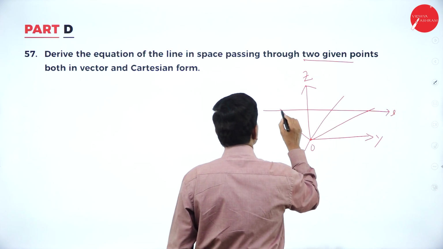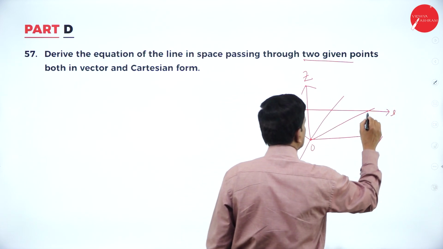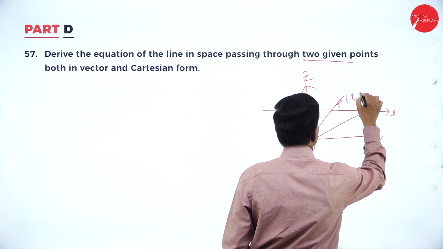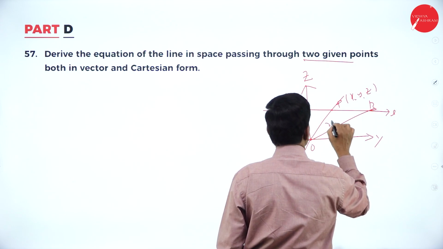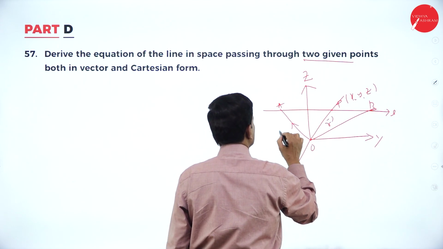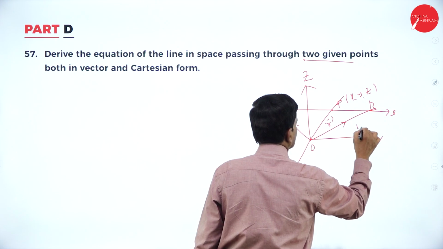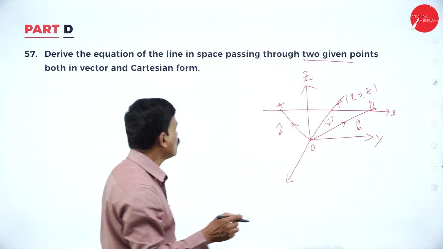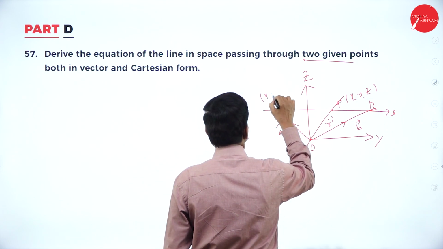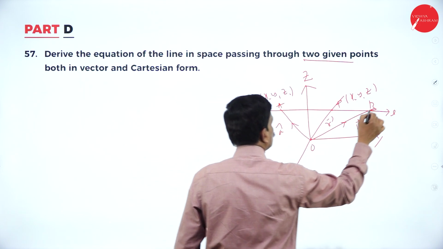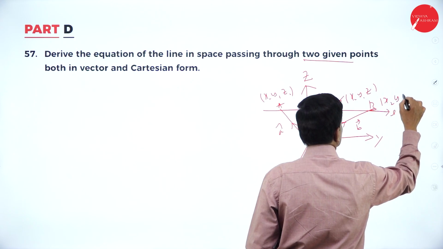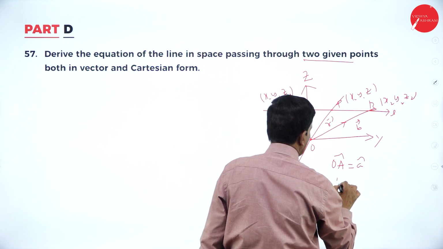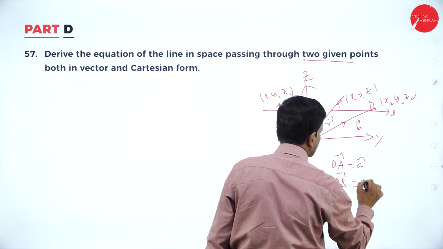Let L be a line which passes through point A and point B. Let this be another point P(x, y, z), whose position vector is vector OP equals vector r, vector OA is equal to vector a and vector OB is equal to vector b. So, let a line L pass through the two points A(x1, y1, z1) and B(x2, y2, z2), whose position vectors are vector OA equals vector a and vector OB equals vector b.